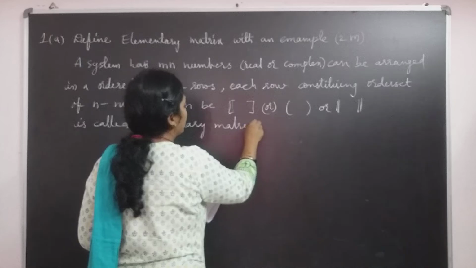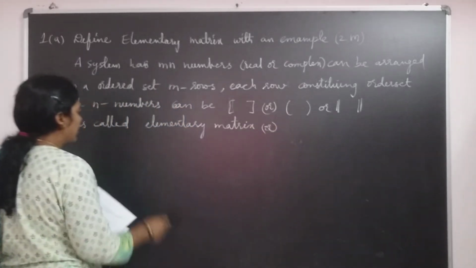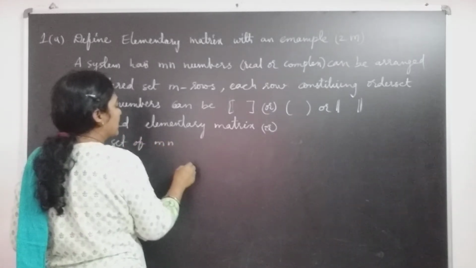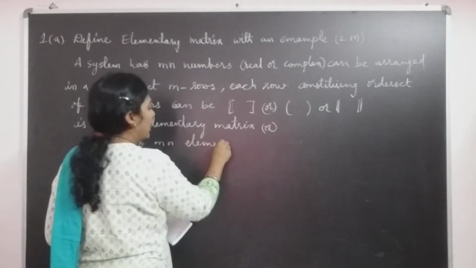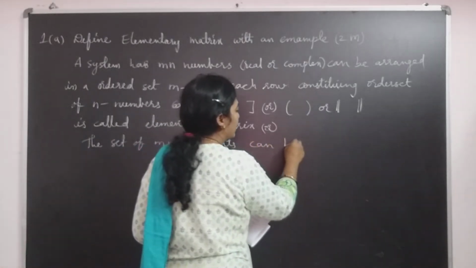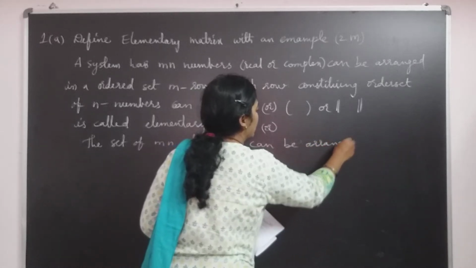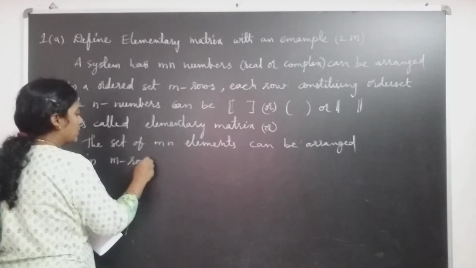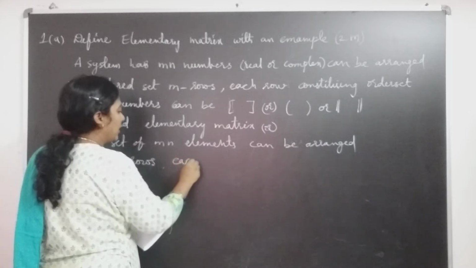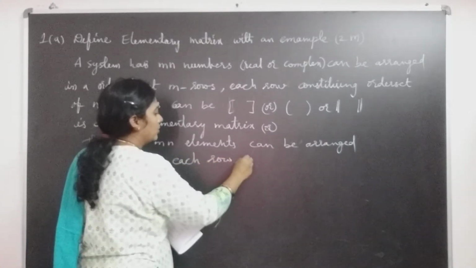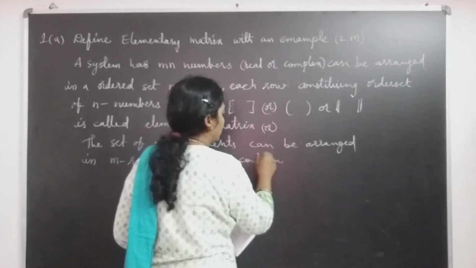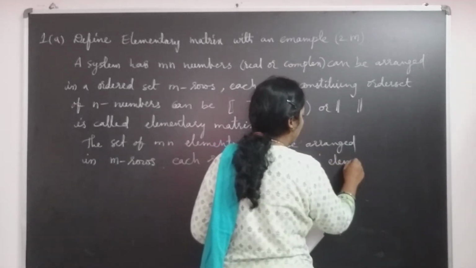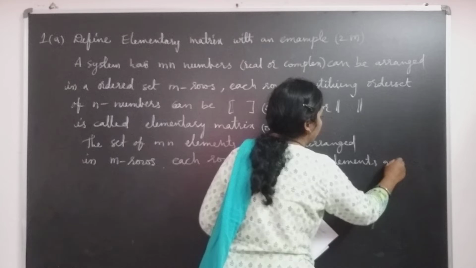Or simply we can define it this way: the set of mn elements can be arranged in m rows, each row containing n elements as a column.